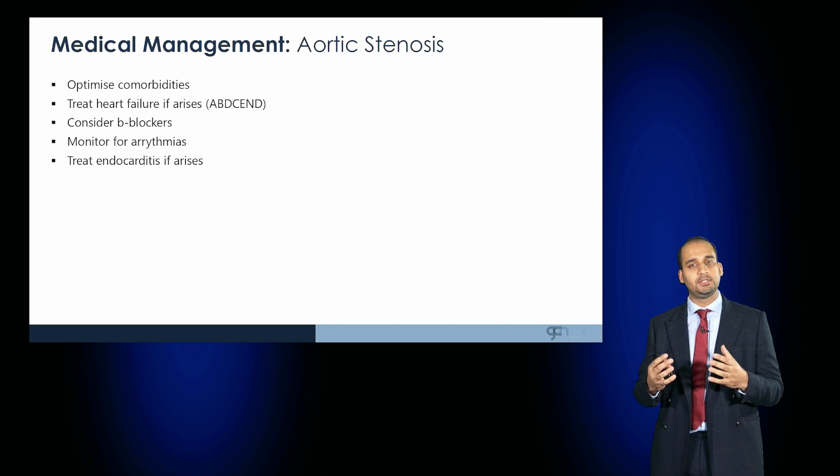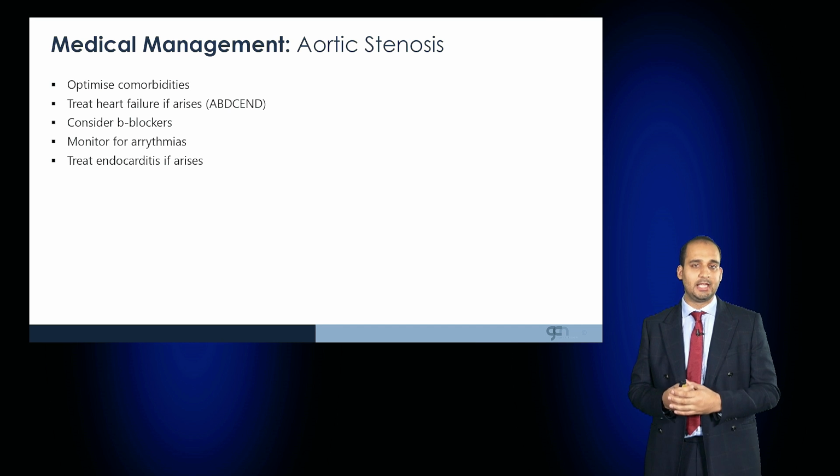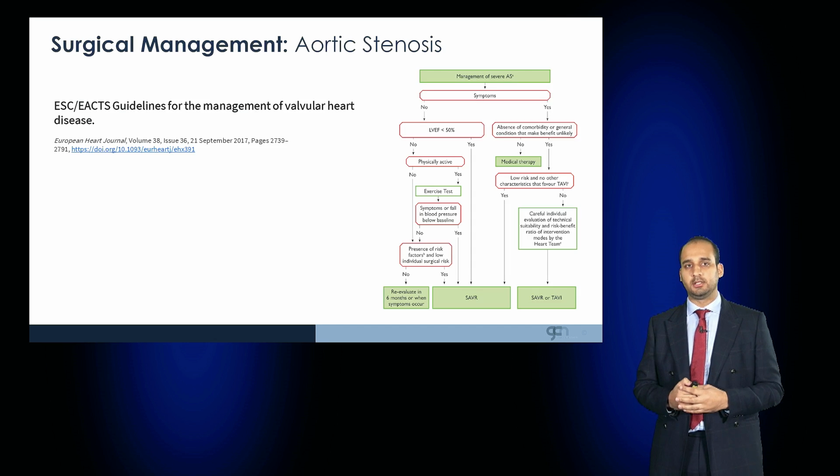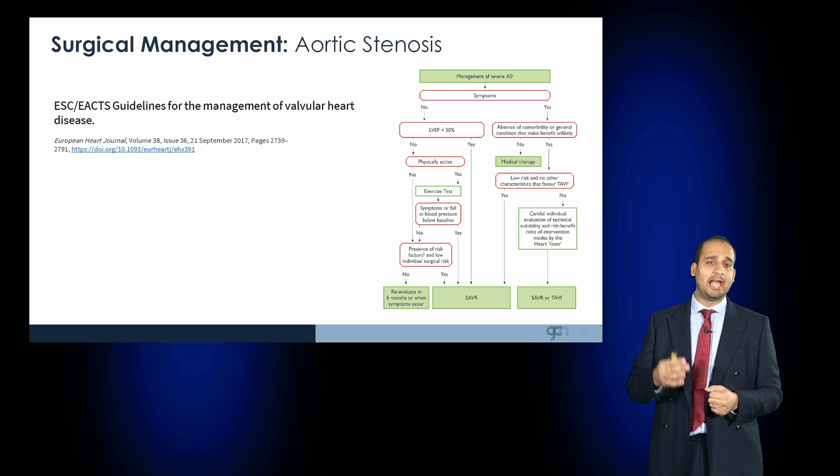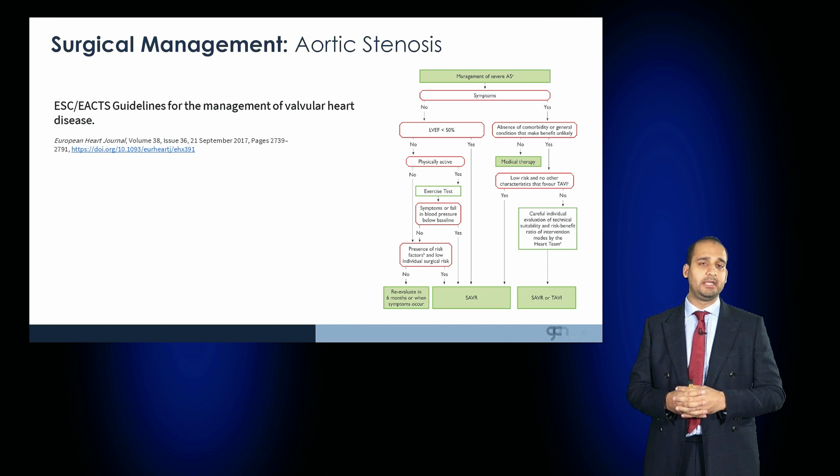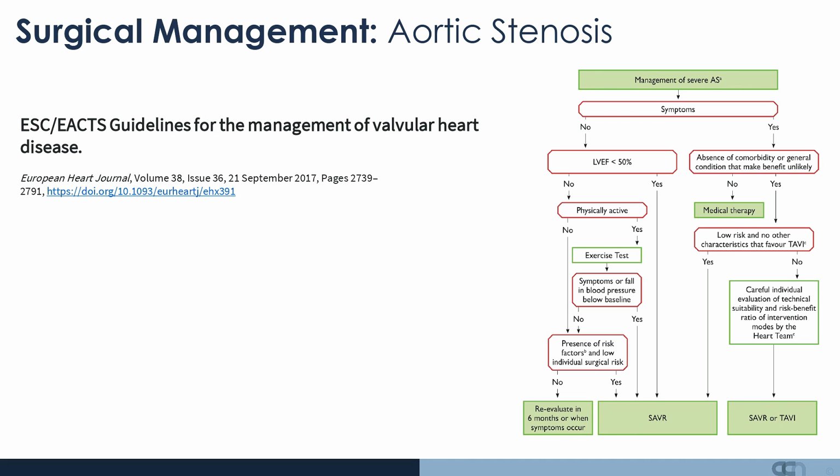Medically, it's important that you optimize comorbidities and treat heart failure if it arises, and consider beta blockers, particularly if they're developing arrhythmias, and if they develop endocarditis, then that would require aggressive treatment. For the surgical options, we could follow the European Society of Cardiology, the ESC, and the EACTS, or the European Association of Cardiothoracic Surgeons, joint guidelines for the management of valvular heart disease.